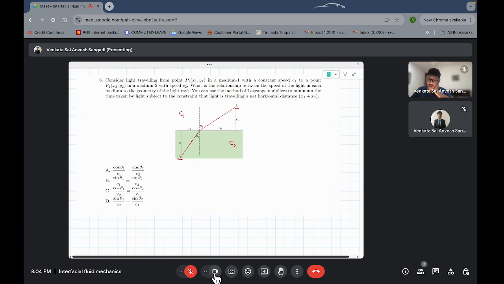And we are asked to use the Lagrange multiplier to minimize the time taken by the light, subject to the constraint that the light is traveling a net horizontal distance of x1 plus x2. So the net distance is x1 plus x2.